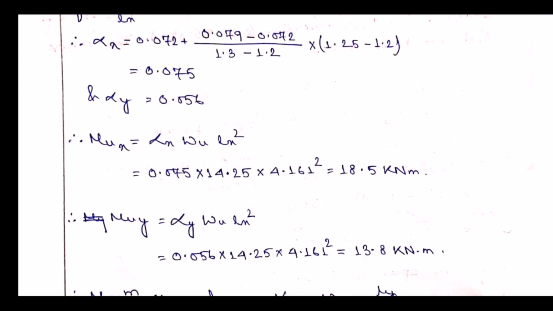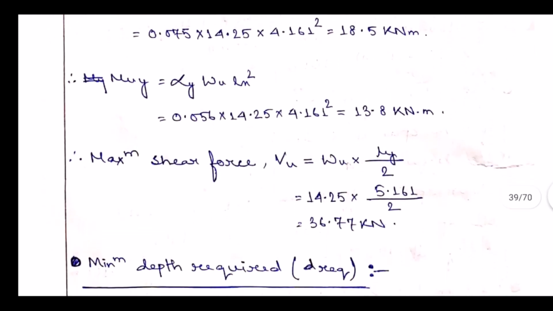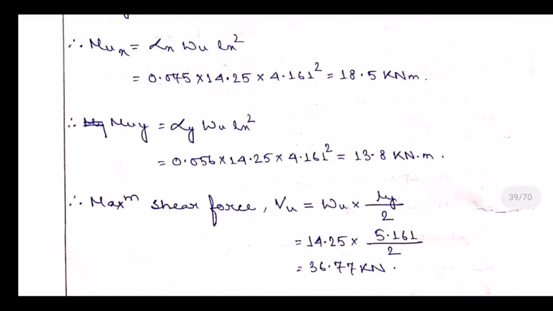And the moment in the longer span, Muy, is equal to alpha y w Lx square, that is 0.056 into 14.25 into 4.161 square, equal to 13.8 kilonewton meter. Now we have to find the maximum shear force, that is Vu equals W into Ly by 2.